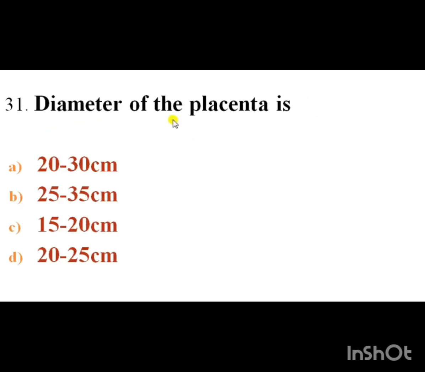Next question. Diameter of the placenta is: A. 20 to 30 cm, B. 25 to 35 cm, C. 15 to 20 cm, D. 20 to 25 cm. Answer is C, 15 to 20 cm. That is, the diameter of the placenta is 15 to 20 cm.